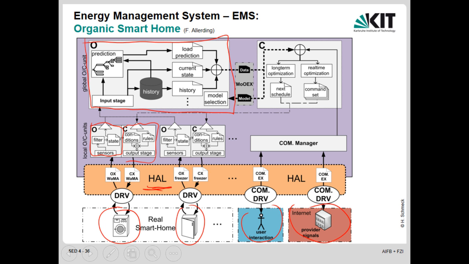So we would like to collect all the information about all the devices that we have in the house, and then maybe predict what will happen during the next day or during the next time period, make some load prediction, look at the current state, have some memory or some storage of the history data.